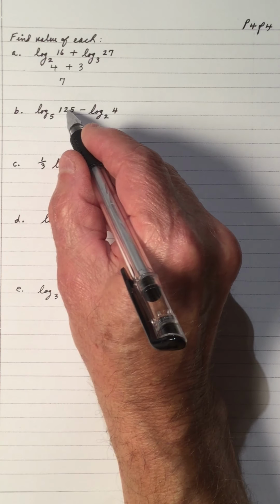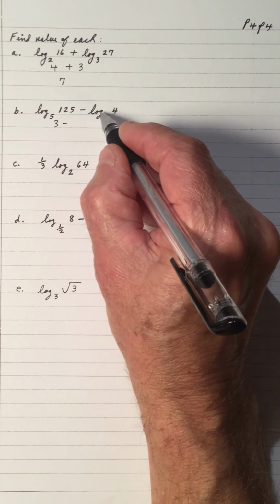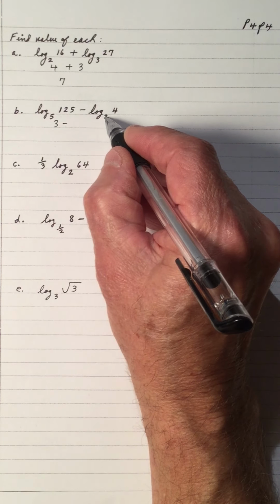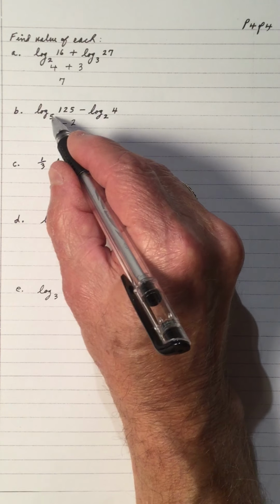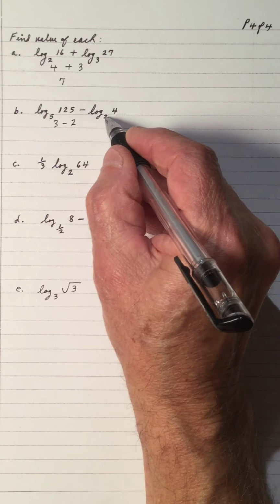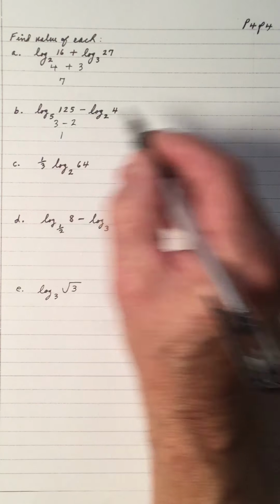Log of 125 base 5 is a 3. The log of 4 base 2: 2 to what power? 2 squared is 4. So 5 cubed is 125, 2 squared is 4, 3 minus 2 is 1.